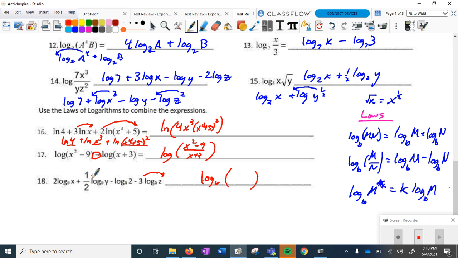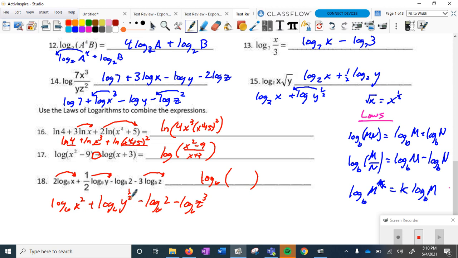Okay, so we end up with log base 6 of x squared plus log base 6 of y to the 1/2 power minus log base 6 of 2 minus log base 6 of z to the third power. Okay, now you remember what we talked about, that 1/2 power? That 1/2 power is really a square root, and so we are going to have a square root of y right here.